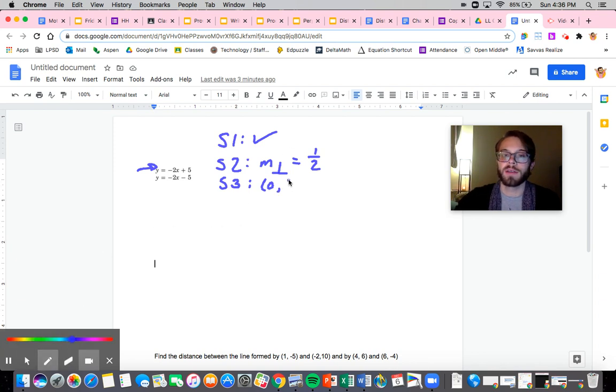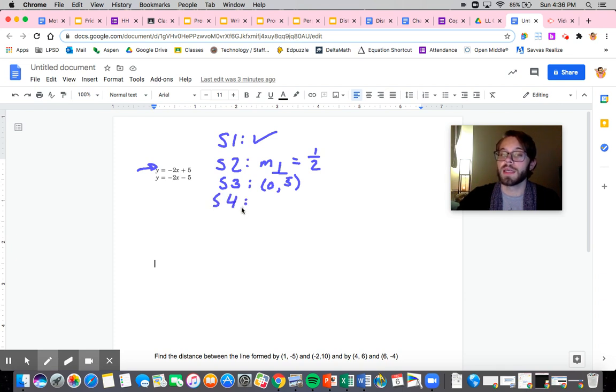All right, so 0, 5 is on this line. That is actually our y-intercept, and the reason we're picking the y-intercept is because that just makes life easier. I could pick any point, but this one just makes things nice. So why not?